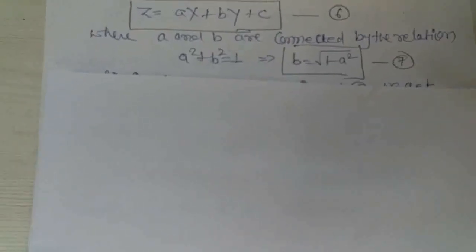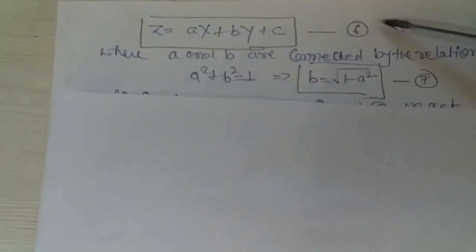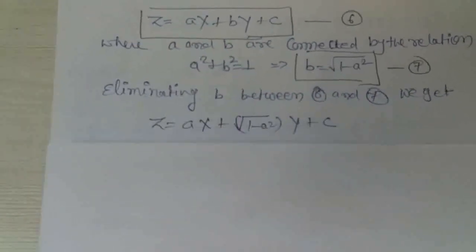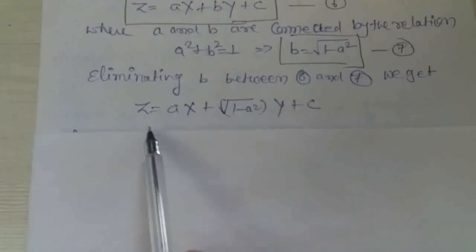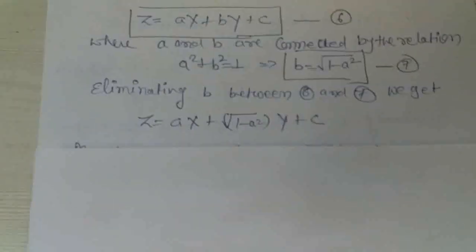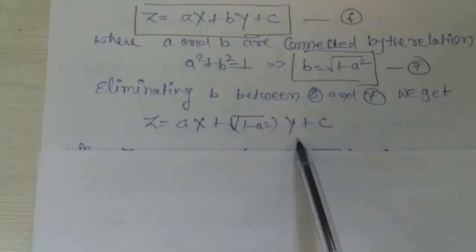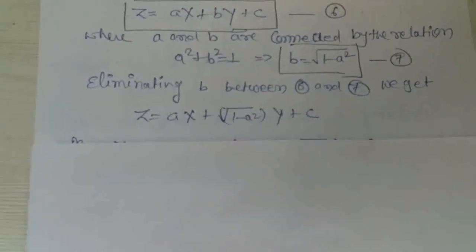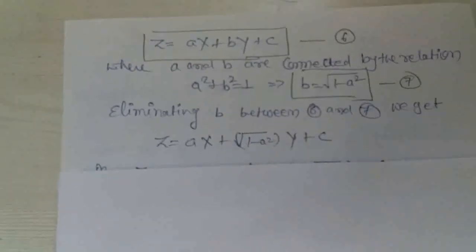So eliminating B between 6 and 7, we get the complete integral of equation 5, which is z equal to a capital X plus square root of 1 minus a square capital Y plus c. This is the complete integral of equation 5.